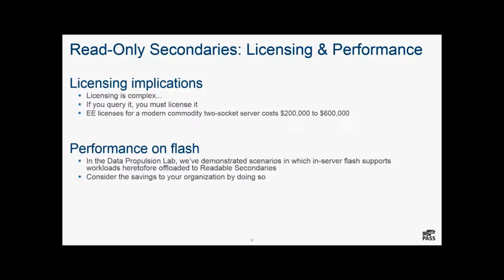On a 2-socket commodity server, licensing for Enterprise Edition can cost as much as $500,000. Almost always over $250,000. It's incredible. As I say here, Enterprise licenses for a modern commodity 2-socket server, $200,000 to $600,000.